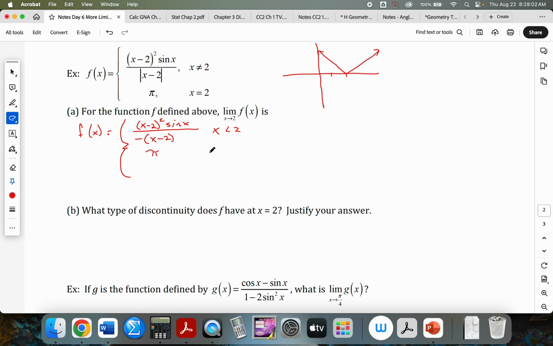It's equal to pi for x equal to 2. And it's equal to x minus 2 squared sine of x over, if x is bigger than 2, then I just have x minus 2, for x greater than 2.